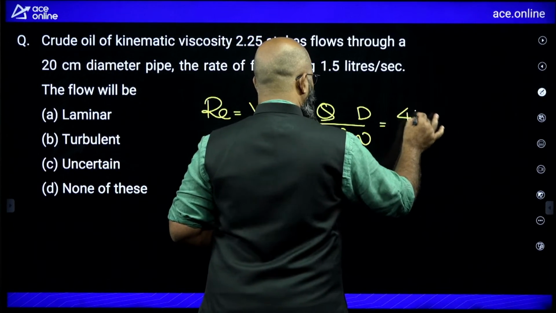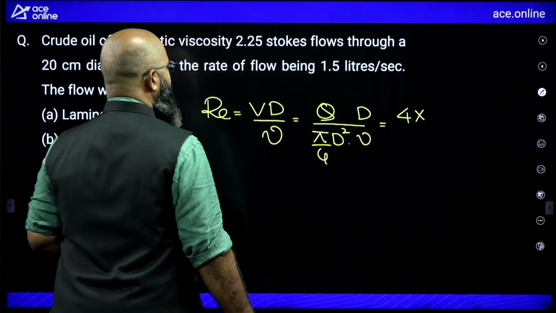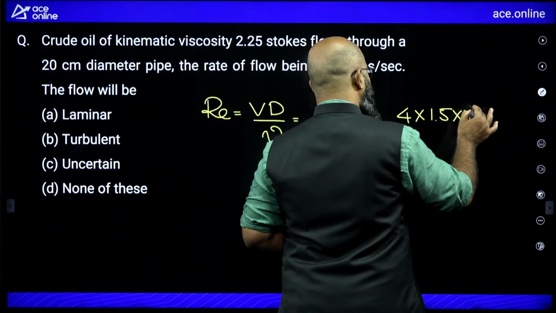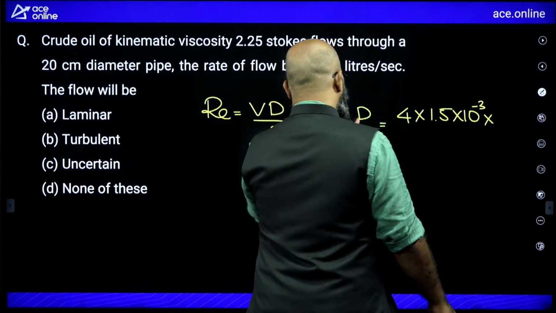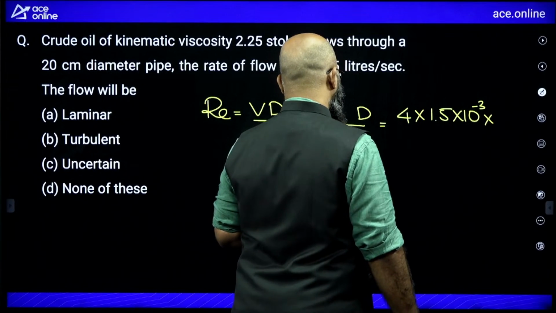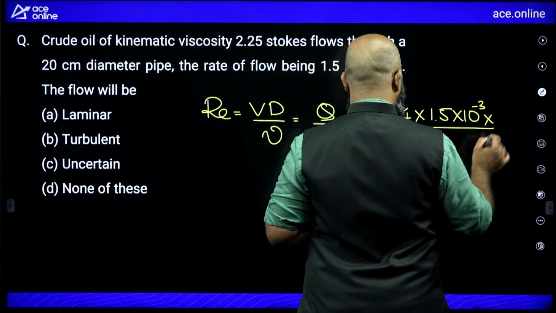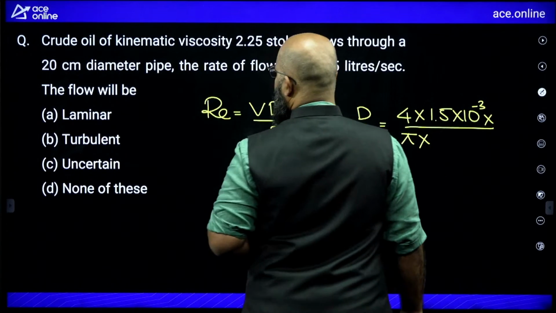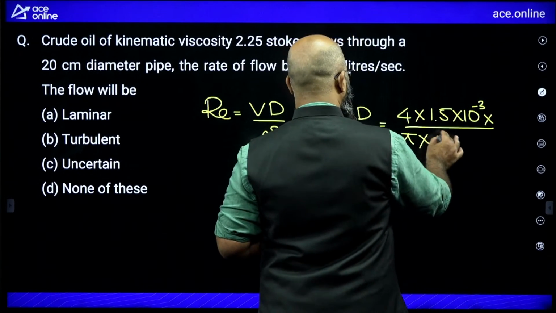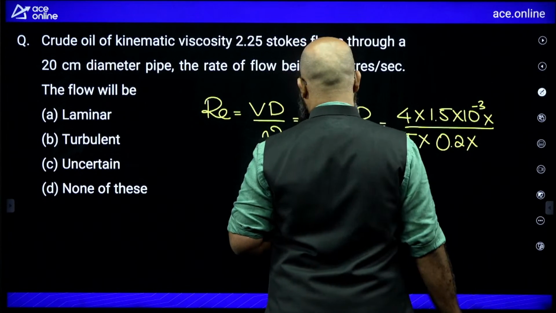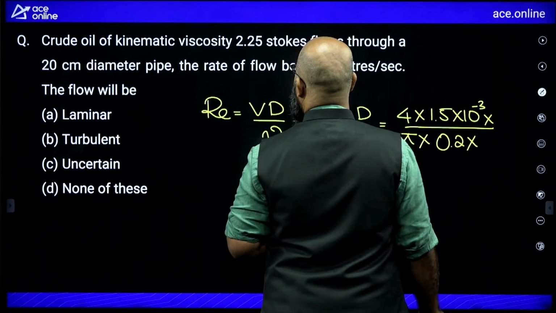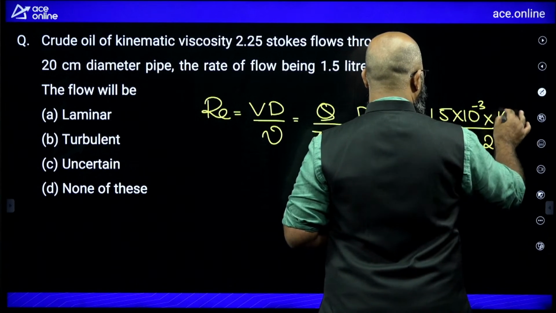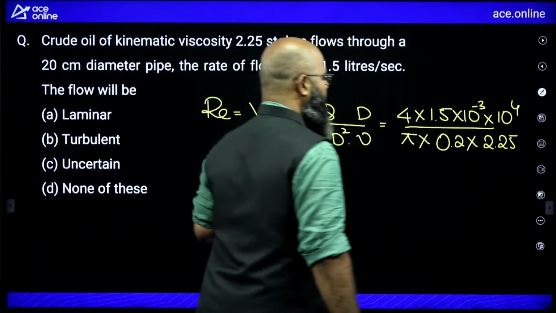So this is equal to 4 into, the value of Q over here is equal to how much? 1.5 liter per second. That is equal to 1.5 into 10 power minus 3. The d cancels off over here. Divided by pi into the diameter. Diameter is equal to how much? 0.2, multiplied to nu. Nu is equal to how much? 2.25 Stokes. That is 2.25 into 10 power minus 4, which over here becomes 10 power 4.